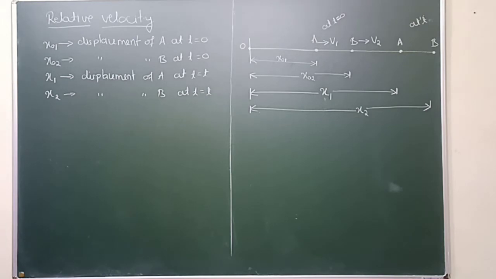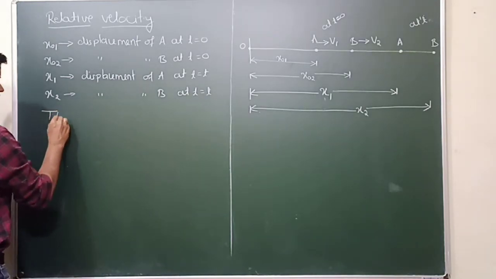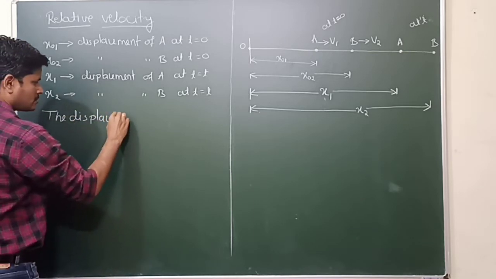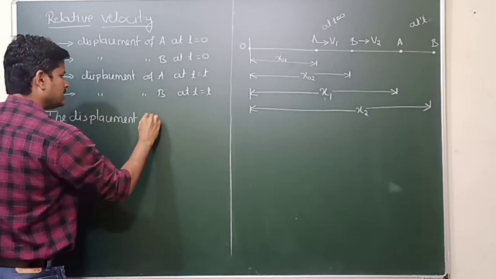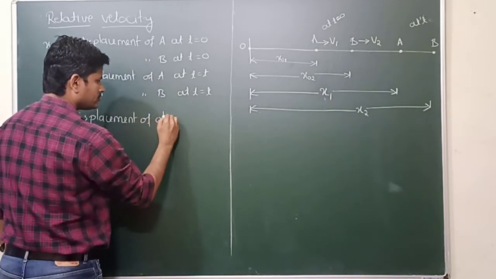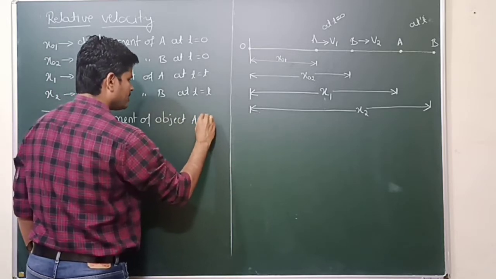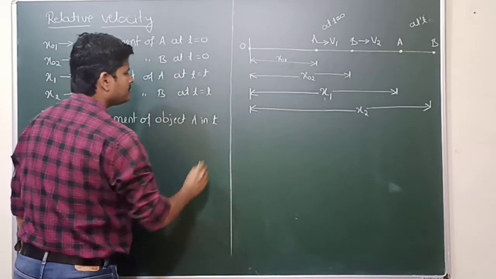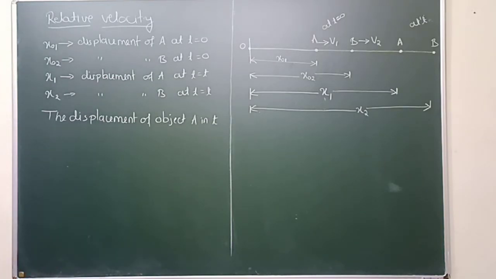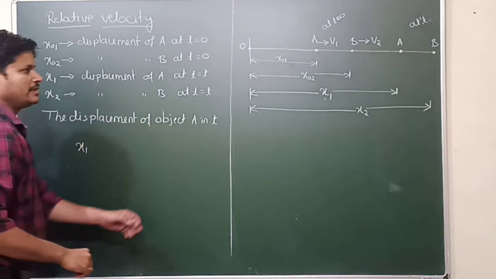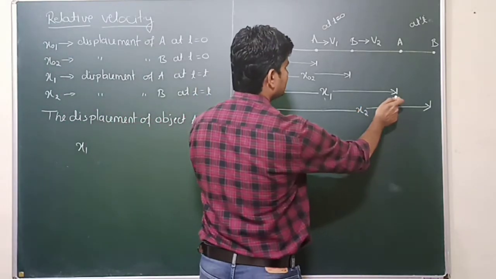Now the displacement of the object A in a time t, what is that? How can we calculate this? Now see here, this is x1, correct?